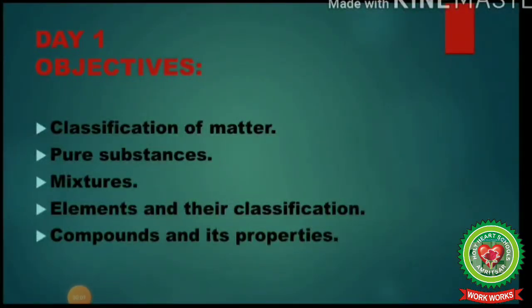Hello everyone. In our last class, we discussed classification of matter according to its chemical constitution. What are pure substances? What are mixtures, elements and their classification, compounds and its properties.